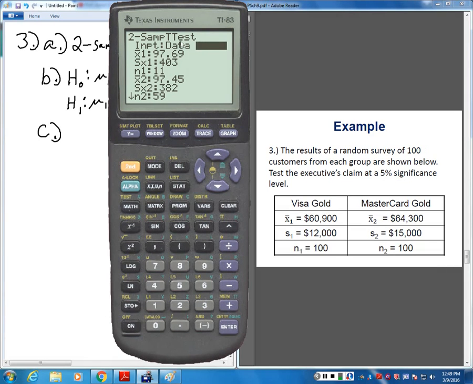If your data are in lists, then you would highlight Data, press Enter, and then put that information in the calculator. Because this example has summary statistics, I'll highlight Stats and put that information in the calculator instead. Let's let the sub 1s be the Visa Golds, the sub 2s be the MasterCard Golds.